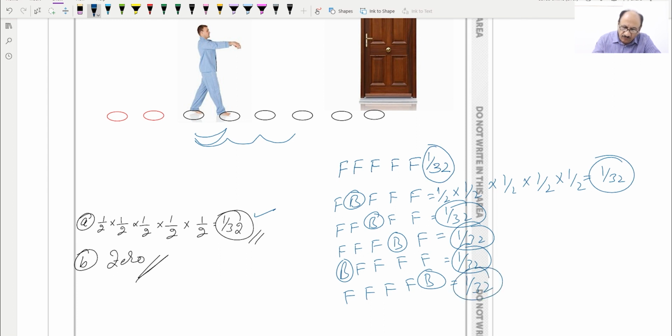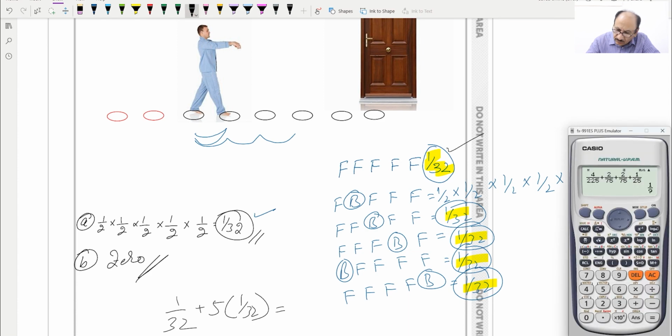So it will be 5 probabilities, 1 2 3 4 5 times 1 over 32 and plus this 1 over 32. So the probability for this will be what? This will be 5 times 1 over 32, and in this one we are adding this 1 over 32, and this will be resulting to what?